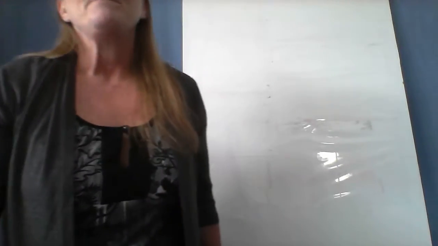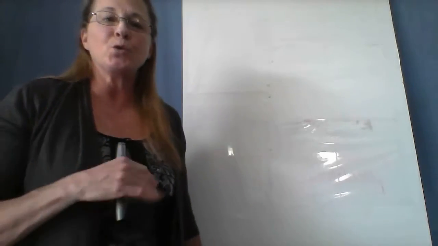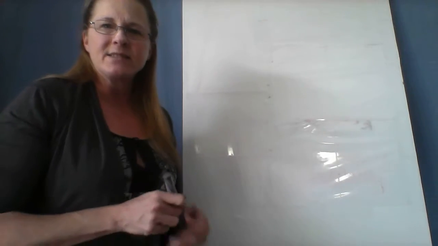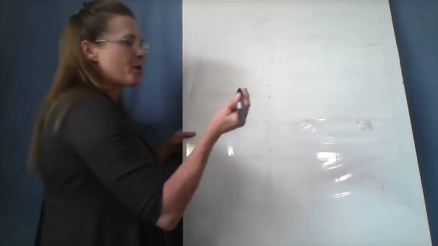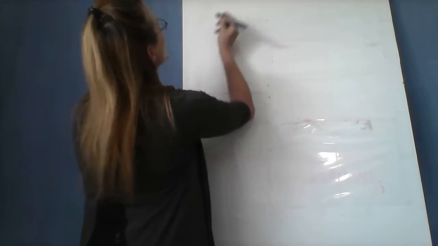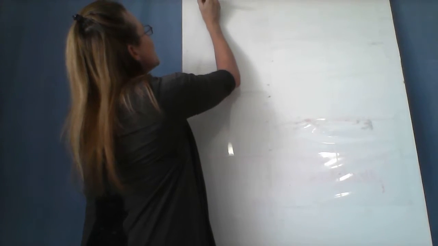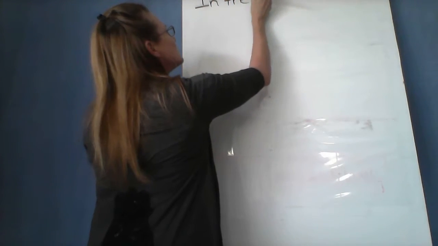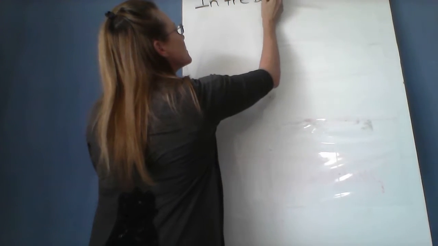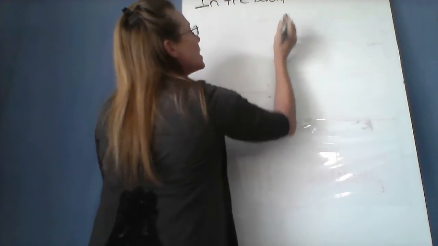Okay? Now, when we begin to write our summary, we need to make certain that we include the title of our book. So first, when we write, what in the book, comma, what goes here?